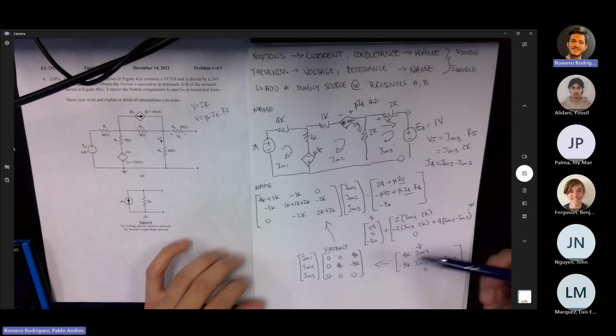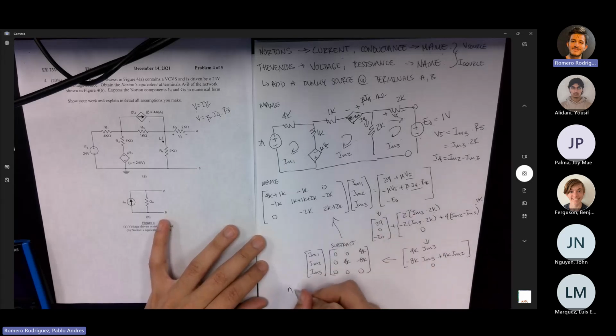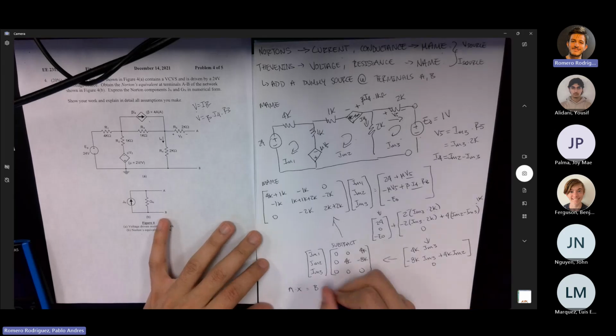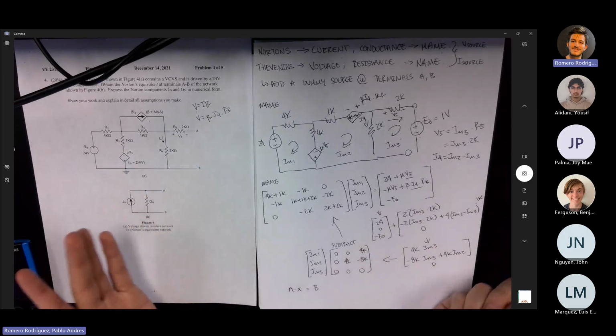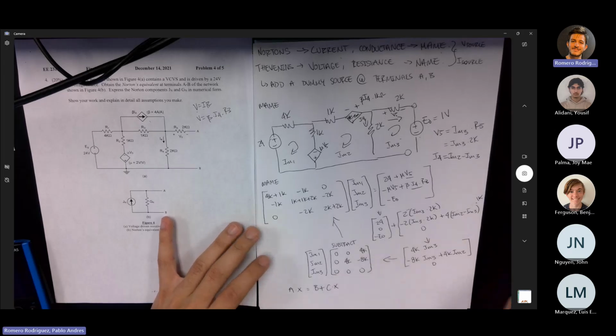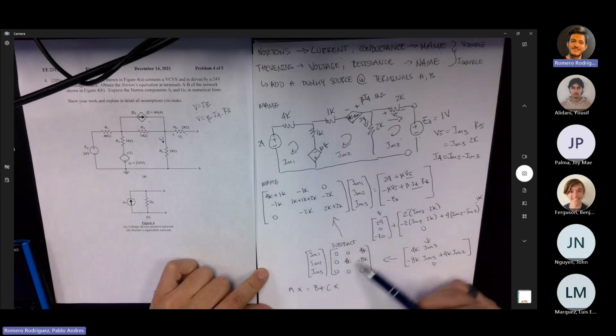The reason why we're doing that is because on this side we have A times x, right? On this side we technically have b plus c times x, right?